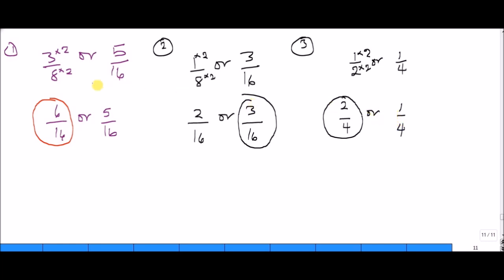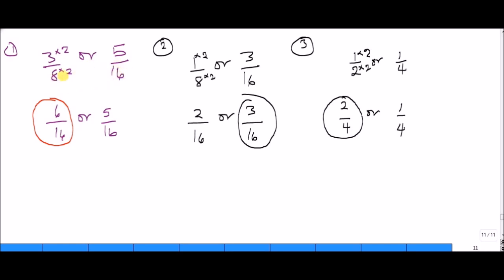So again, just to go over this, we have to make them equivalent. We have to make the denominators common. And we do that by seeing how best we can use a factor to multiply the numerator and the denominator so that both denominators will have the same number.